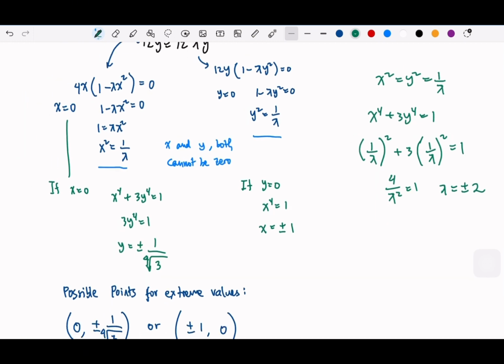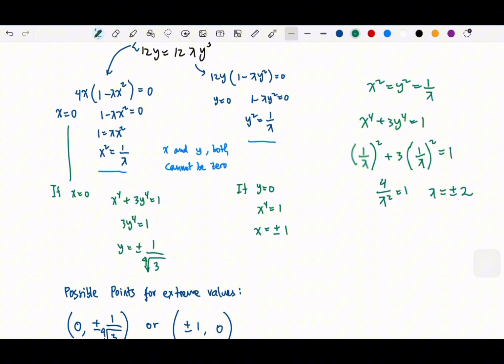But if we check lambda, maybe checking negative 2, because it's already in x squared, this will be imaginary, right?